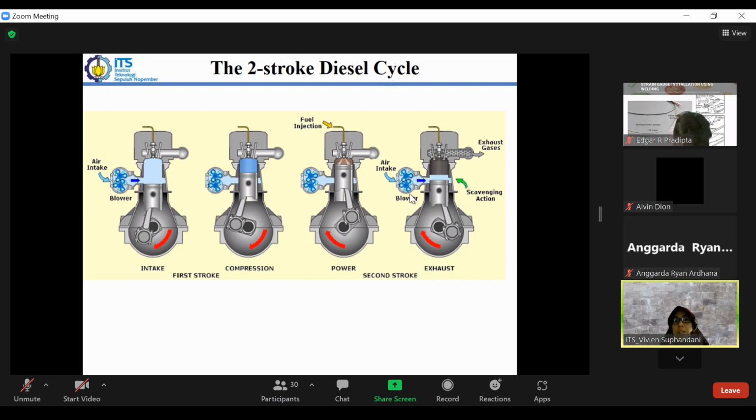It means that the fuel is not mixing with air before it goes into the cylinder. Instead the air is compressed and then the fuel is injected. So in this case we don't have the spark plug. Okay. Is there another difference to the gasoline Otto cycle?